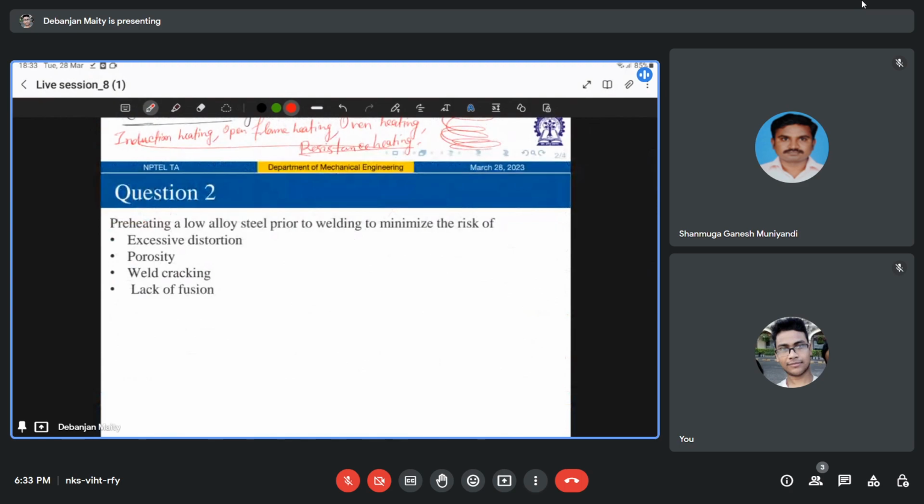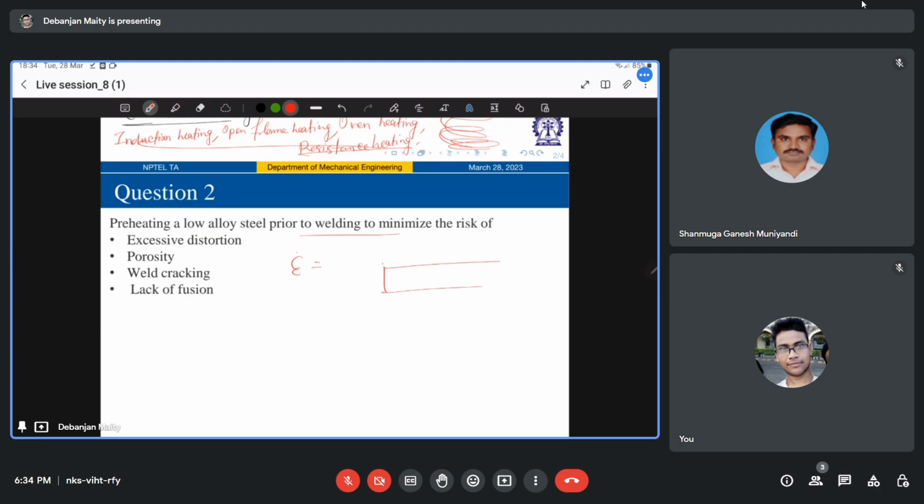So here, preheating a low alloy steel prior to welding is used to minimize what? To minimize excessive distortion, porosity, weld cracking, lack of fusion. As I was saying, preheating is basically about thermal strain. First, what is thermal strain?